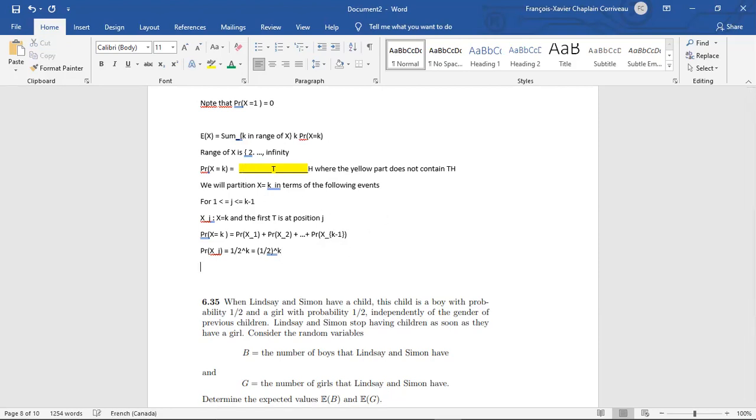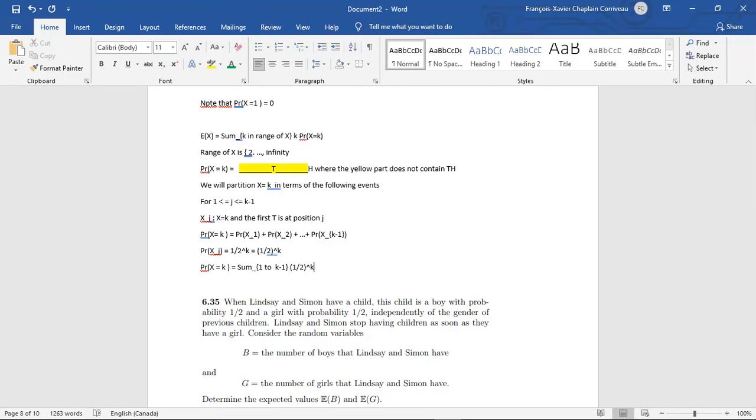So what I'm saying here is that the probability that x is equal to k, what is it now? It's the sum of these probabilities. So the sum from 1 to k minus 1 of 1 over 2 to the k.